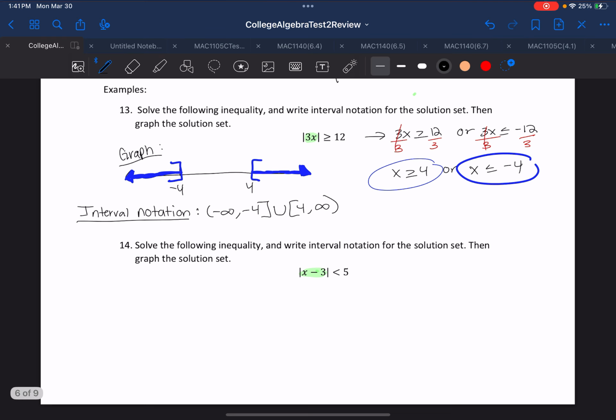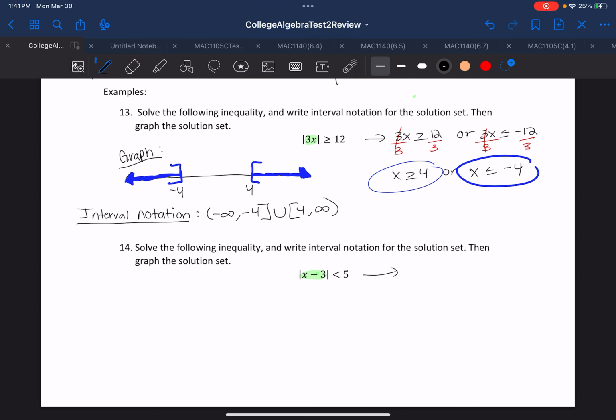So when it's less than, I take the expression on the inside of the absolute value, which is x minus 3, and I put it between 5 and negative 5. So on the right, I would write less than 5, just like it says here. And on the left, I would put the same direction of that symbol and then put negative 5. So I'm putting that x minus 3 in between -5 and 5 when I do that.